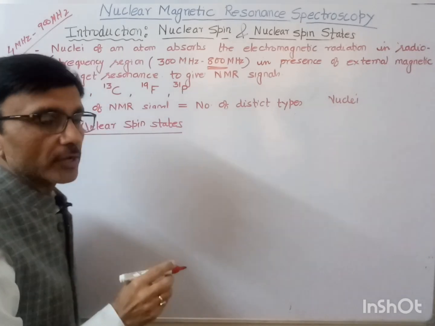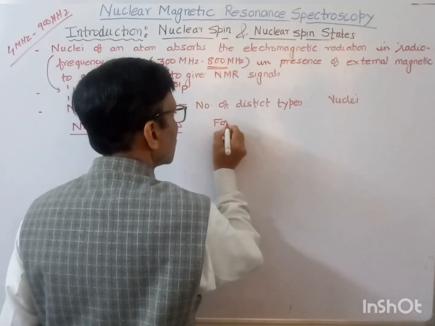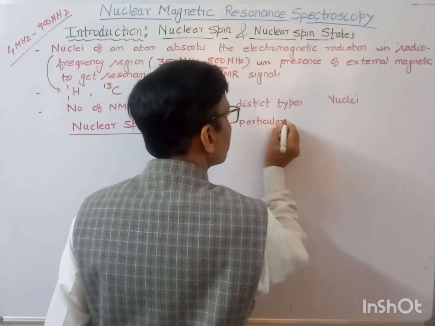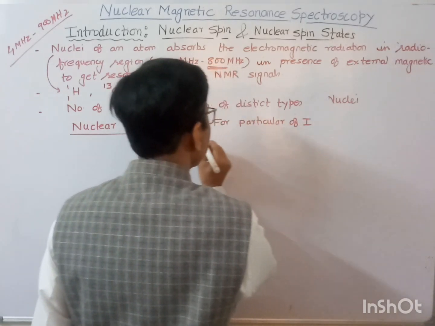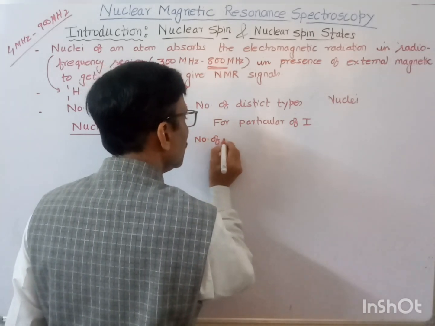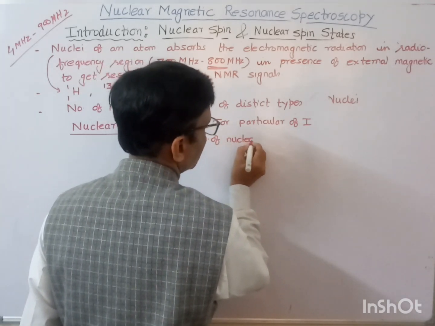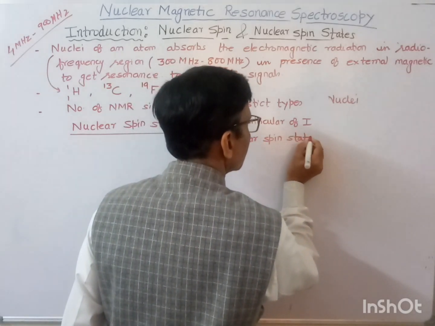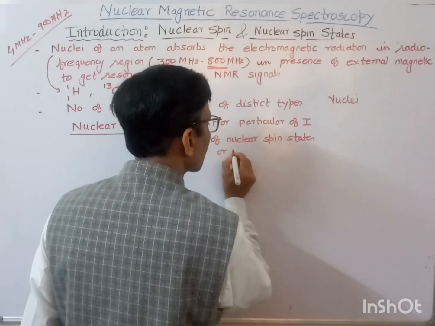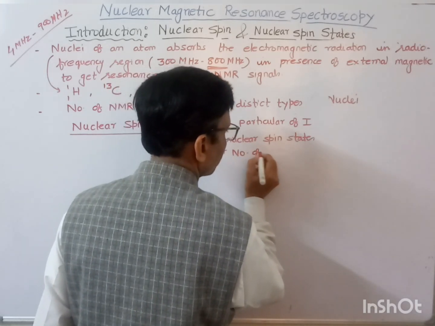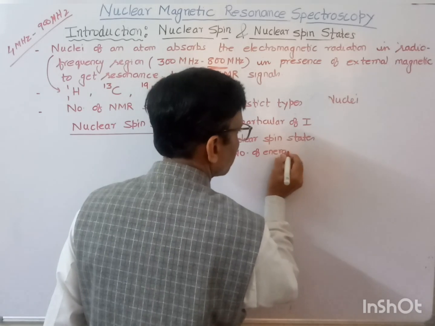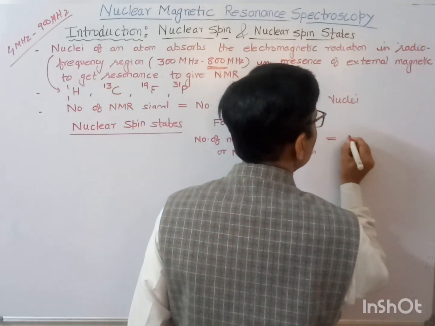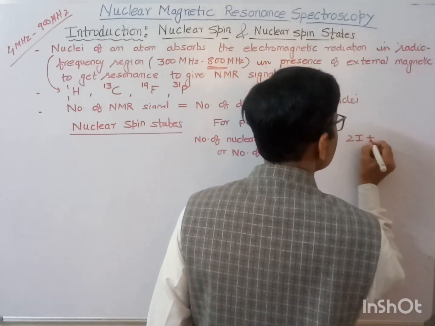For a particular value of I, the number of nuclear spin states, or number of energy states, is equal to 2I plus 1.